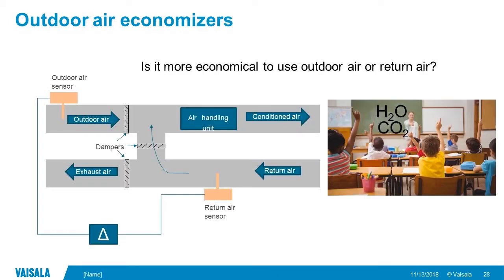So here's an example then. Let's assume you have a return air duct and a humidity and temperature sensor sitting in there. You can either recondition returned air, change the temperature and the humidity, or you can choose to use outdoor air and condition that to your desired condition.